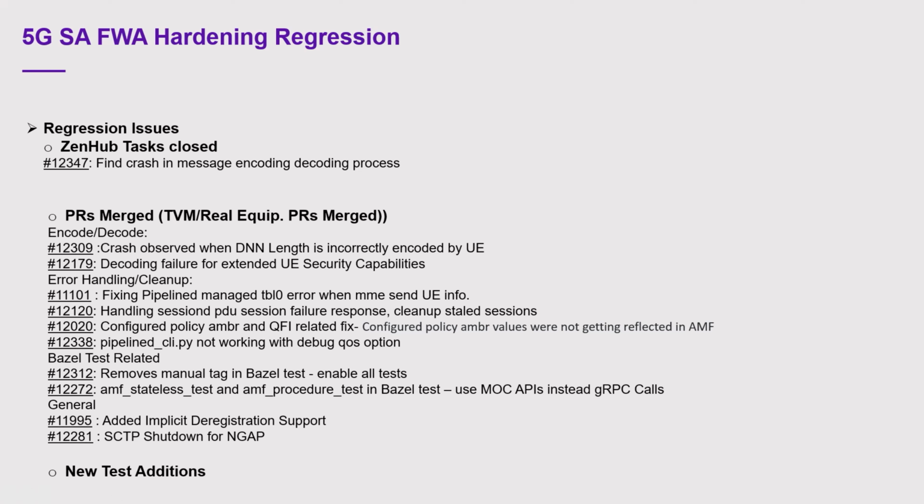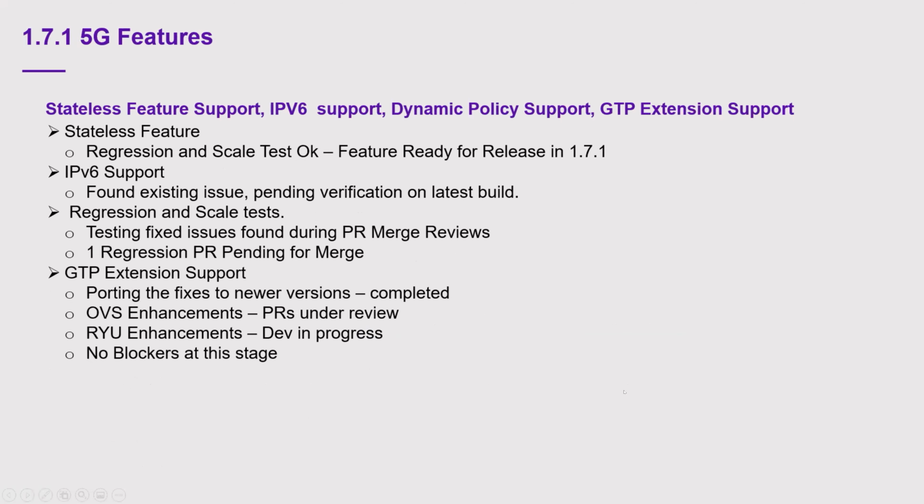All right. So this is the 1.7.1 or 1.7.x 5G features we are tracking. First is stateless feature, which is basically ready for release. All the regression and scale tests are okay.